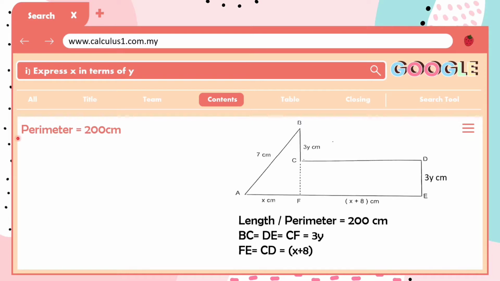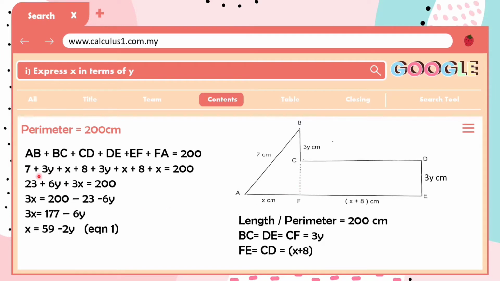Our perimeter is 200 centimeter. To find the perimeter, we add all of the sides of this figure: AB, BC, CD, DE, EF, and lastly FA, and equate it with 200.